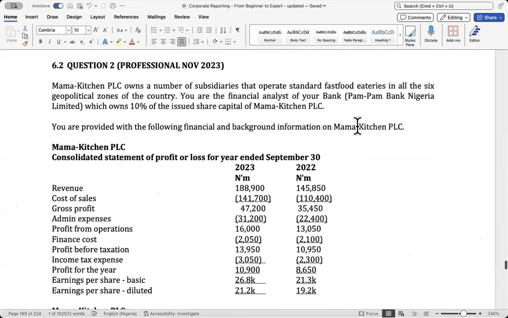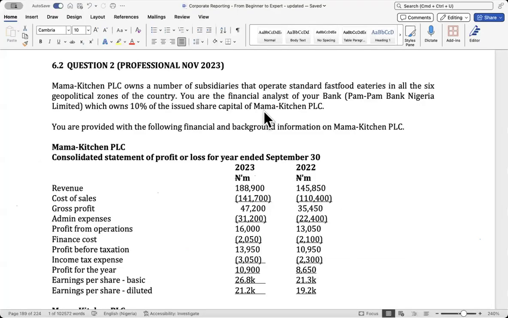So let's look at this one, which was a more technical one, the one of November 2023. Yeah, Jacob, read. Mama Kitchen PLC owns a number of subsidiaries that operate standard fast food eateries in all the 6 geopolitical zones of the country.